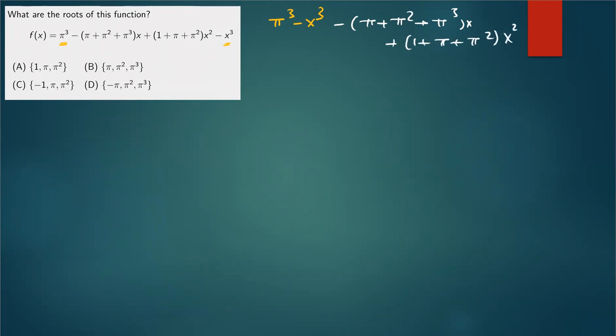Nice. Then I will factorize the first expression. It will be (pi minus x), the famous formula for the difference of two cubes, times (pi squared plus pi x plus x squared). Most of you know this pretty well.